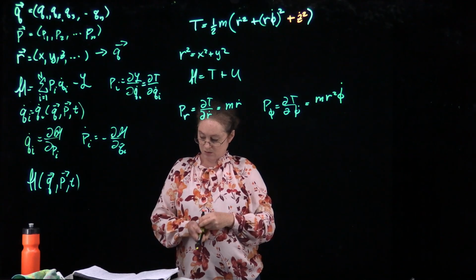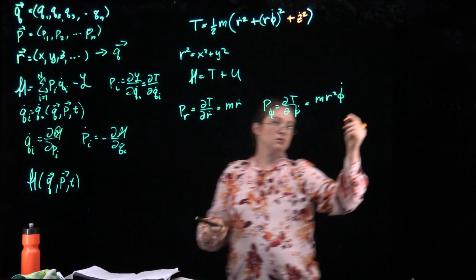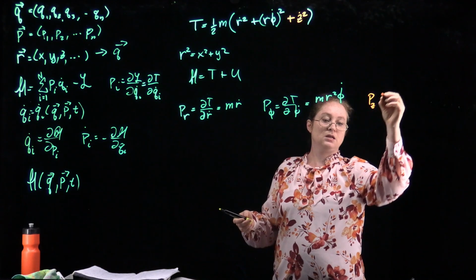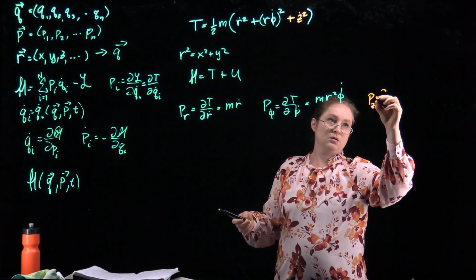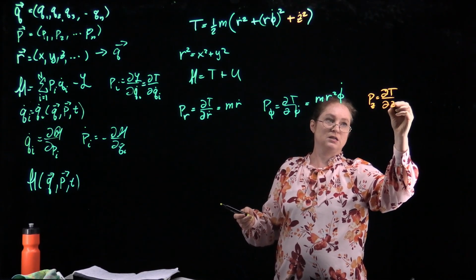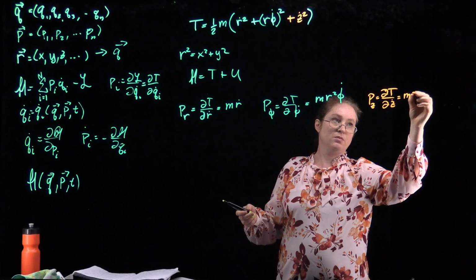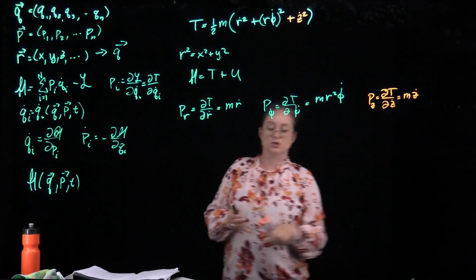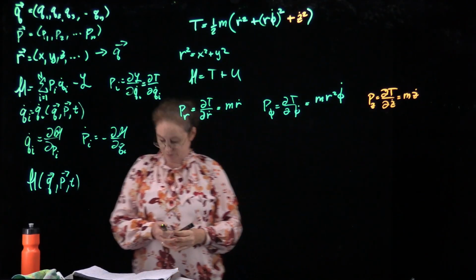And p z is partial T, partial z dot, which is m z dot, or just the z component of the momentum.